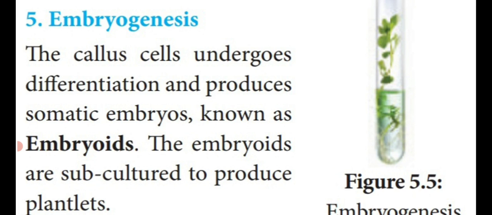They produce the young plantlets or young plants known as embryoids. So these young plantlets are introduced into the natural environment in a stepwise manner. That is known as the last step of plant tissue culture, that is hardening.